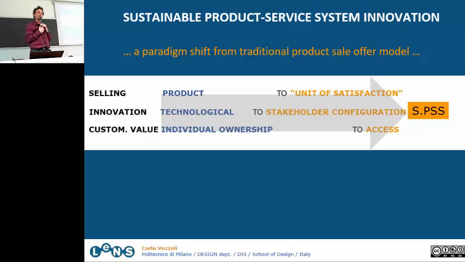Before designing the product, how I put all the actors together in a way in which we can deliver sustainable product services, as some of the examples that we saw before. In the beginning, you won't design a product. You will explore. You will see that you will have to be creative in designing innovative interaction among stakeholders. But we will come to this topic in the next lecture about the role of design.